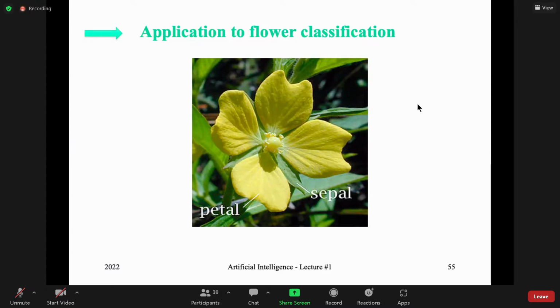The first one, excuse me, was for handwritten digit categorization. And here is the flower classification, which is a very famous example. I am not a specialist in botany, in flowers, but what we can know is that for any kind of flower we have the petal, and for each flower we have a sepal.